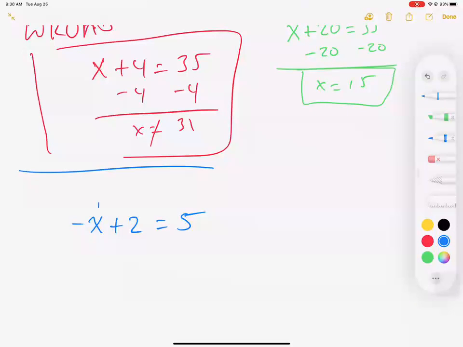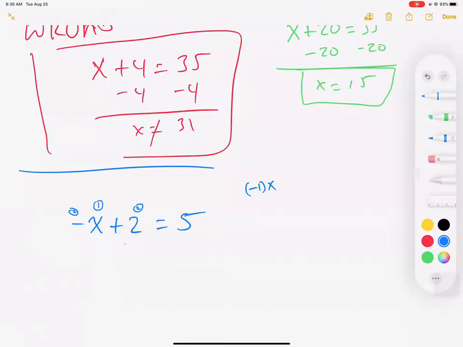Now, in this case, there's more than one item on my left side. There's a 2, and there's also a negative sign. Whenever you see a negative, you can think of it also as multiplying by negative 1. This could be thought of as negative 1x. So I'm going to follow the rules that we did before. We're going to get rid of the 2.